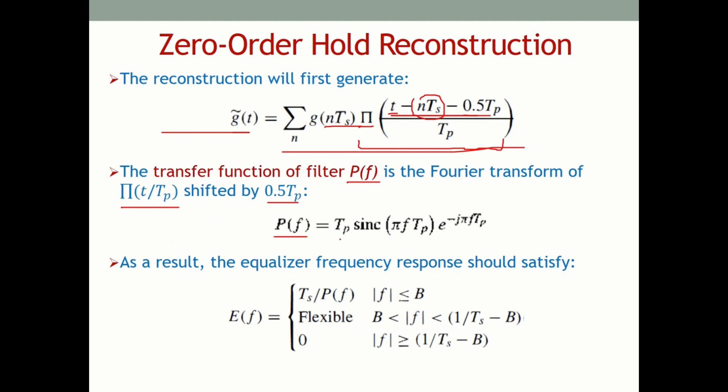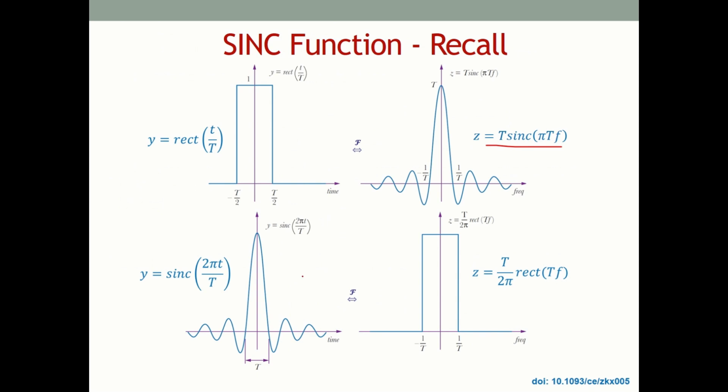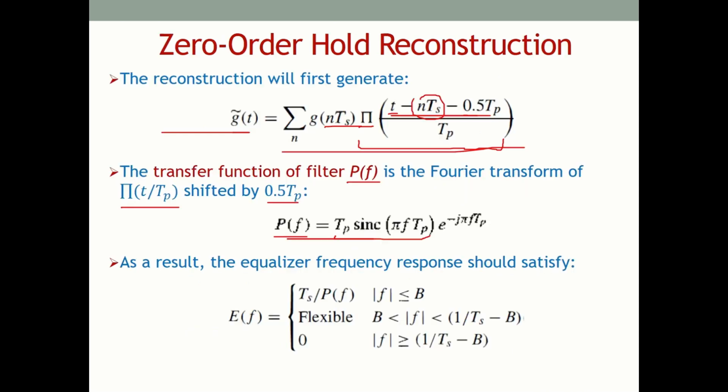So let's look at the terms that we have. This part is due to the sinc, from the conversion from rectangular to sinc as we have it here, right? Or like this, if we compare the variables, we will get this as the result, where we have TP, the pulse width, outside sinc pi f TP.